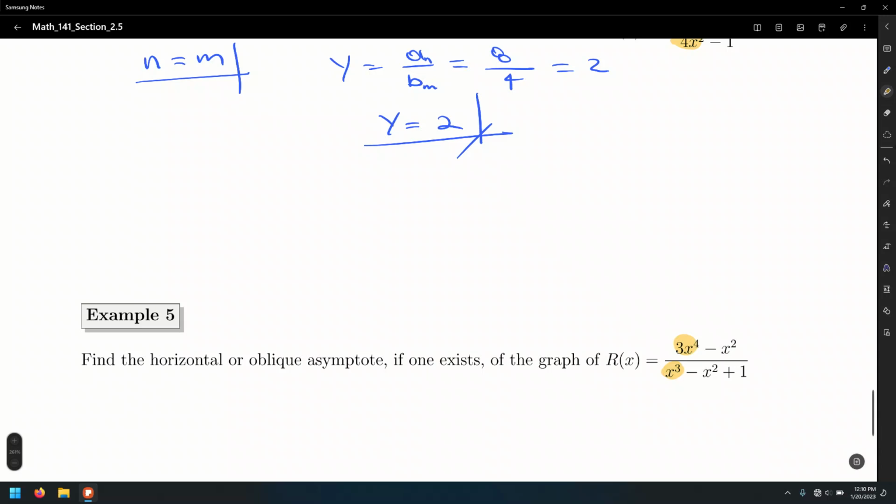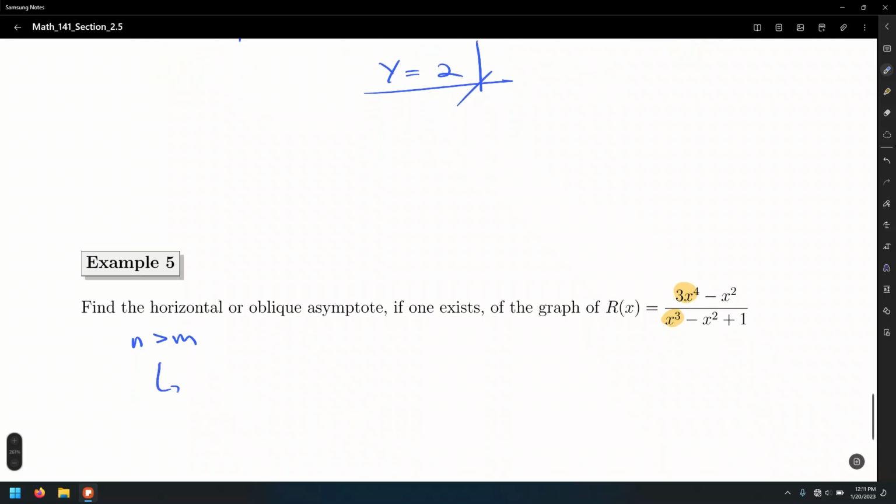You can see that the degree in the numerator, that is n, is greater than m, but the difference in the degrees is 1. So that means we are going to have a slant asymptote.